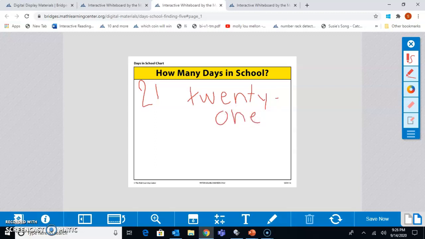And if I were going to write an equation, I could say, well, this number has 20 plus 1, and it equals 21. You can show it however you would like. I bet some will do 10 plus 10 plus 1. Lots of things that you can do. Great job.